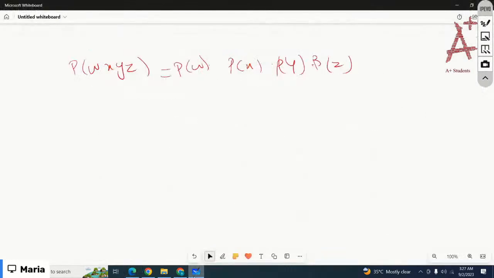You have 0 to 9 numbers, so the probability of W is 1 over 10. Then the probability of X is again the same, 1 over 10, the probability of Y is 1 over 10, and the probability of Z is 1 over 10. When you multiply them, it would be 1 over 10000, right?